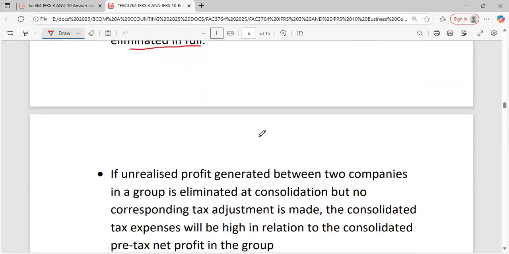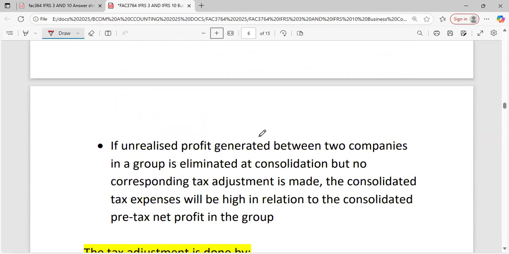Okay, let's see what they say here. I'll explain what they say. Here you can see they say, if unrealized profit generated between two companies in a group is eliminated at consolidation, but no corresponding tax adjustment is made, the consolidated tax expense will be high in relation to the consolidated pre-tax net profit in the group. I don't know if there's anyone who can interpret this statement. If you guys understand this one, then you understand the tax implication.